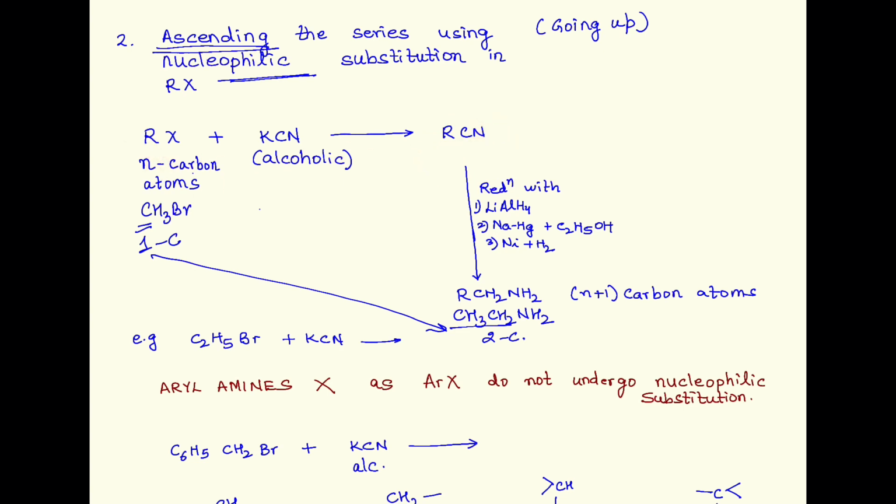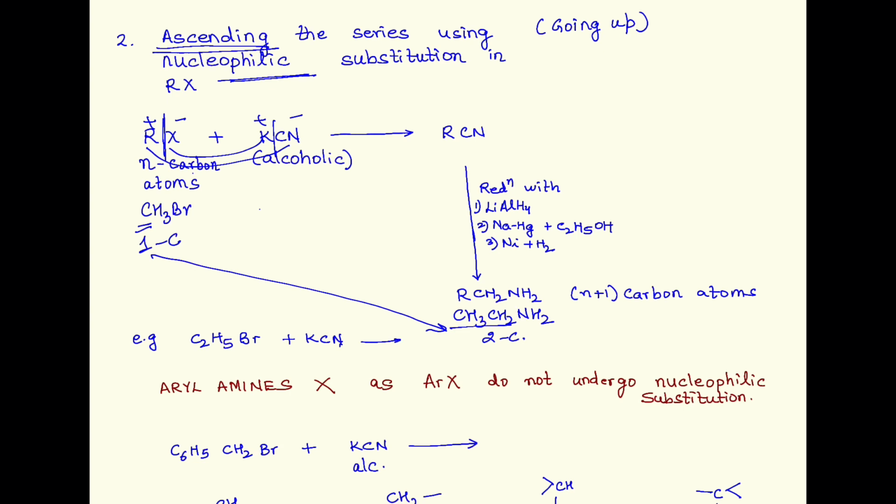So RX simply, positive with the negative, negative with the positive. Simple. Let's try and understand it the easy way. No, I'm not doing it by the mechanism. Simple way to remember. And just a while ago, we did the preparation using nitriles. So nitriles on reduction with any of the reducing agents get converted into amines.